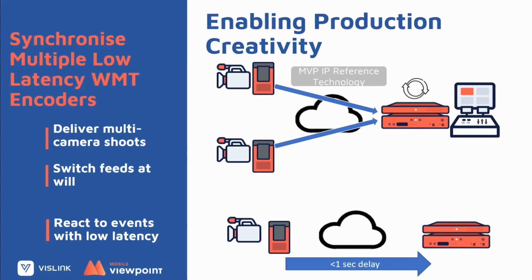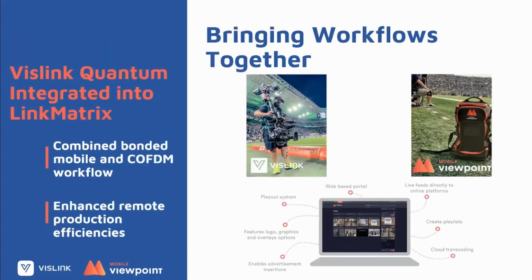So in terms of bringing workflows together, I've talked a little bit about some of the Vislink solutions that we're putting together now, and also some of the Mobile Viewpoint solutions. Within the two organizations, we're now bringing both of those workflows together, and we're doing that within the Mobile Viewpoint Link Matrix workflow. And that means, for example, that you might have a wireless camera view within a stadium, within a Vislink ecosystem, producing content from that live event.